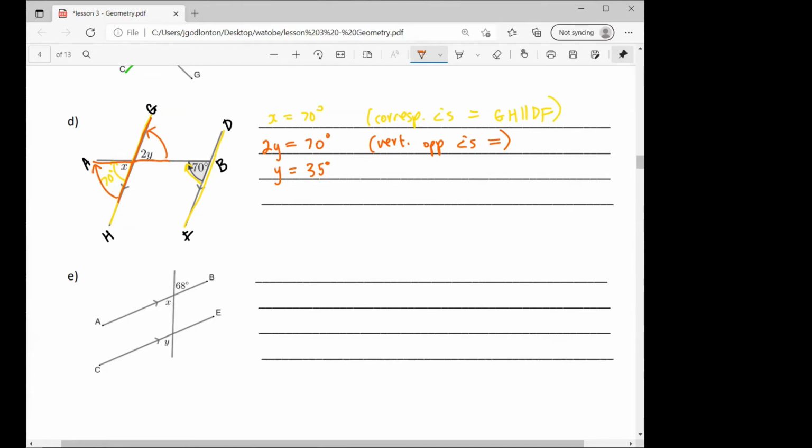Good, good. That's a great way to start. So now we found x. So they are vertically opposite each other. It's our bow tie. So we can say x is 68 degrees because of vertically opposite angles. And so that means we know that this angle here is 68 degrees.